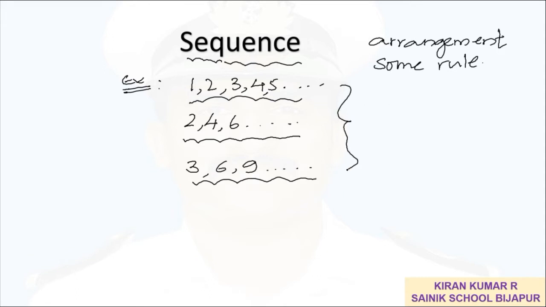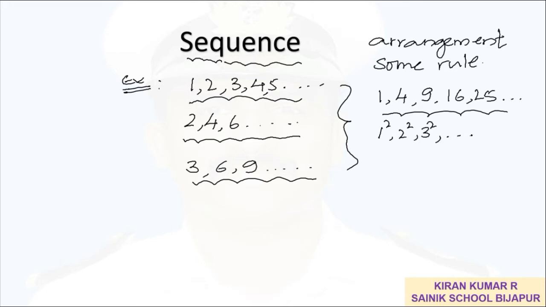Not only that, if you consider 1, 4, 9, 16, 25, and so on, it is also a kind of sequence because it has a rule that it's the square of all the natural numbers. 1 square, 2 square, 3 square, and so on is the same as 1, 4, 9 and so on.